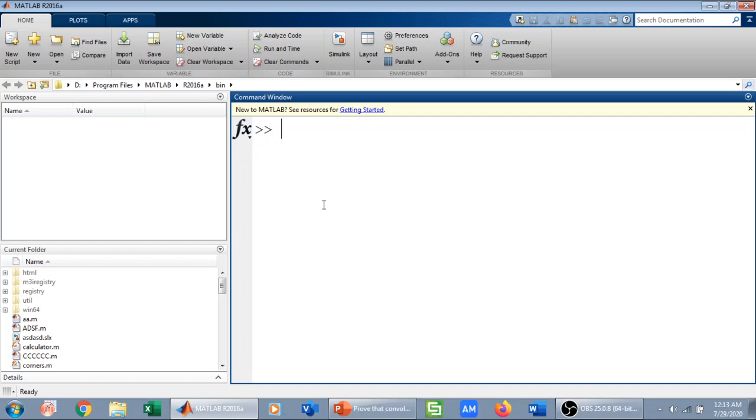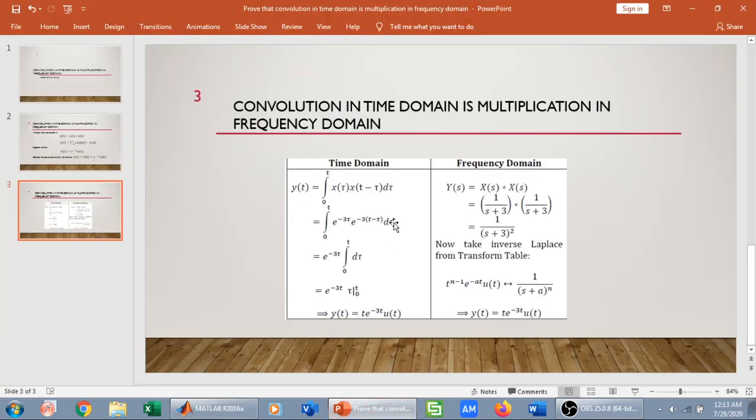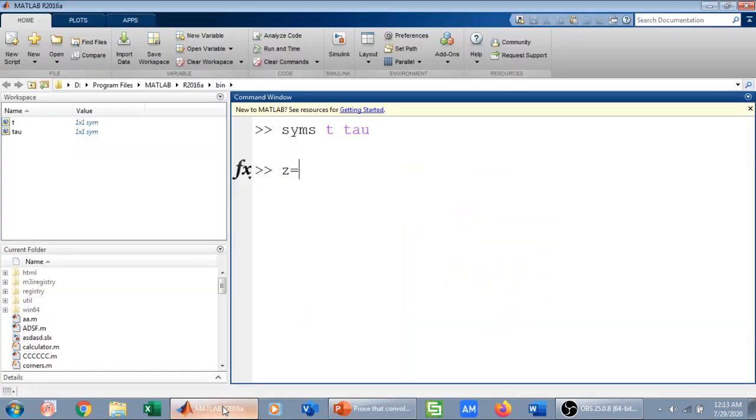First I need to do the convolution. So first I will define symbolic variables t and tau. Then I will define the convolution expression, which was this thing. For integration, we use the command int.